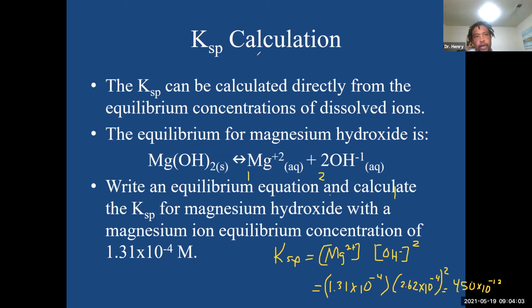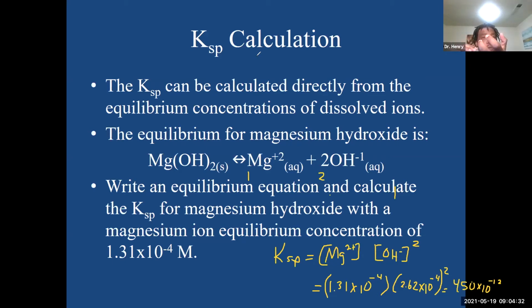Equilibrium is a point where you have the existence of both products, right? Initially, a lot of times we start off with it all together as a solid. Equilibrium means you got to the point where you made as many of the ionic components as you can under those conditions.